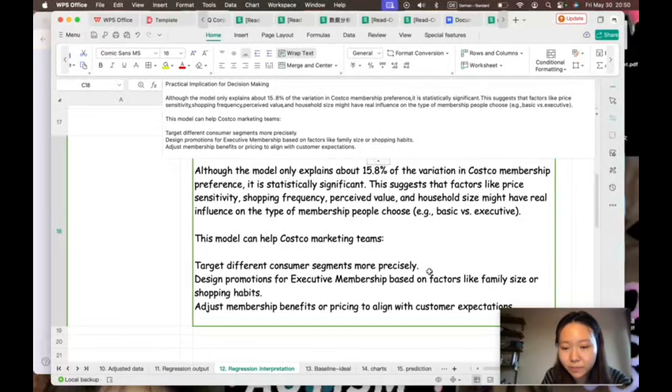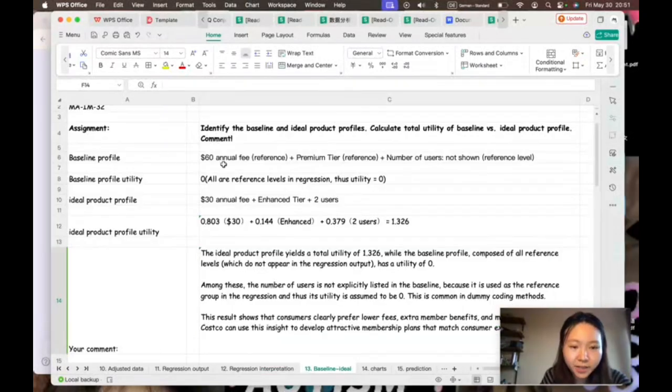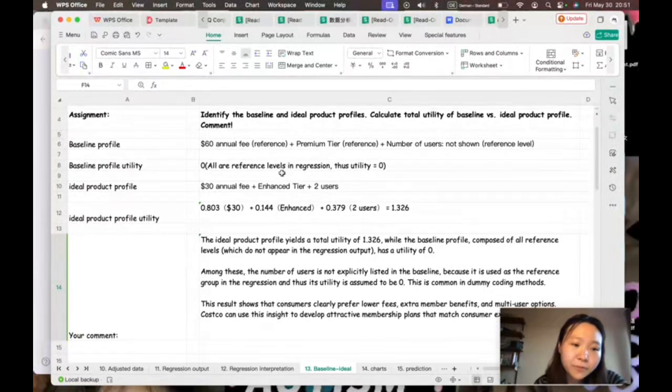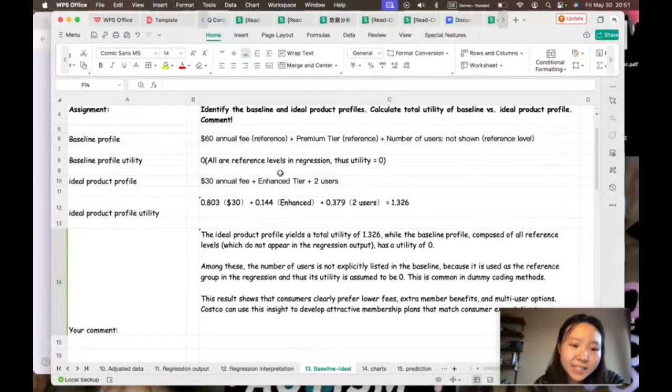Now the expected utilities. The annual fee reference is $60, plus the premium tier reference, plus the number of users reference level, not shown, just like 3 users. The baseline profile utility is 0. All are reference levels in the regression, thus utility equals 0.